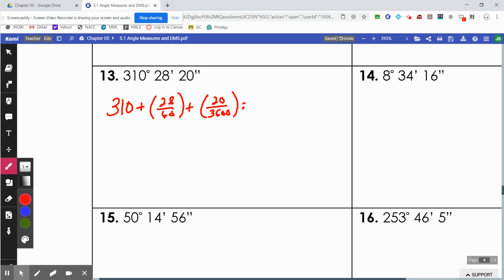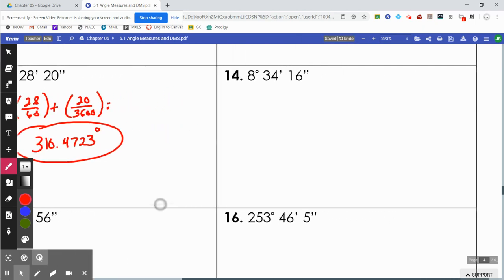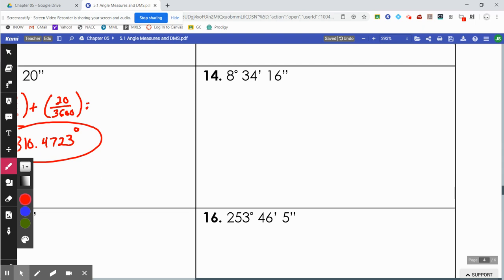Add it together and you get 310.4723. Number 14, 8 degrees, 34 minutes and 16 seconds. 8 full degrees. 34 minutes would be 34/60ths plus 16/3600ths because there's 3,600 seconds in a degree.